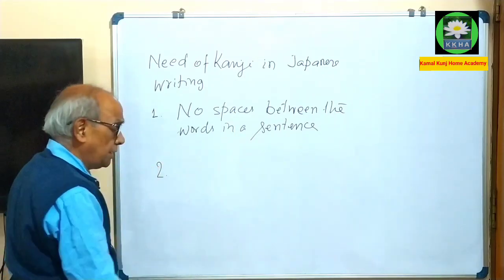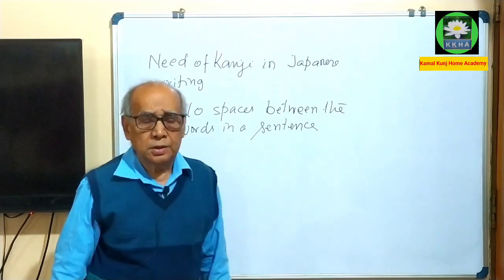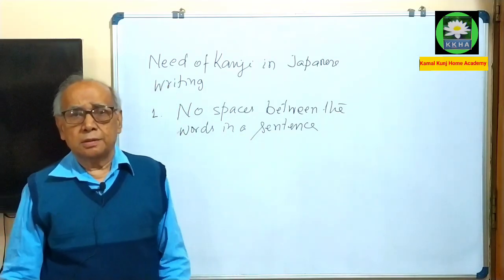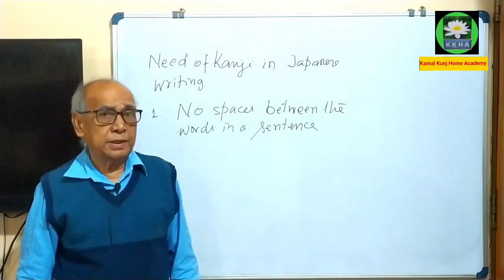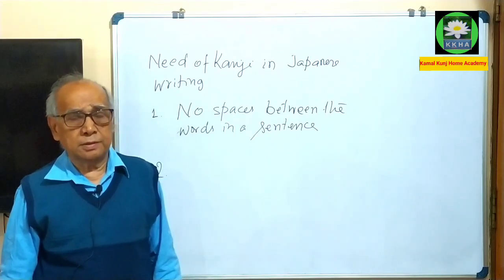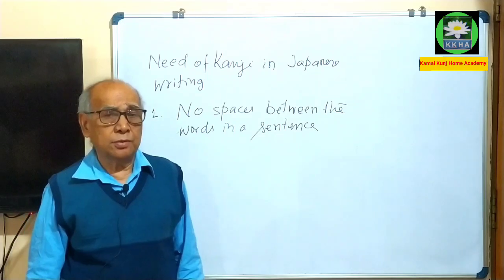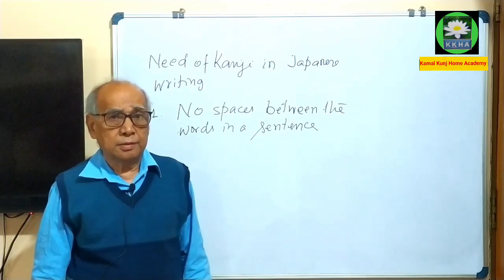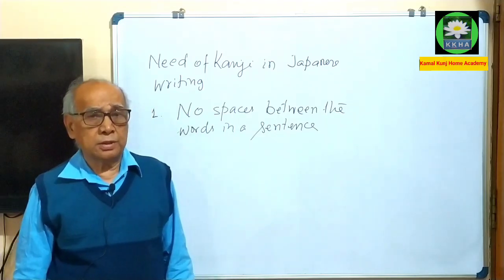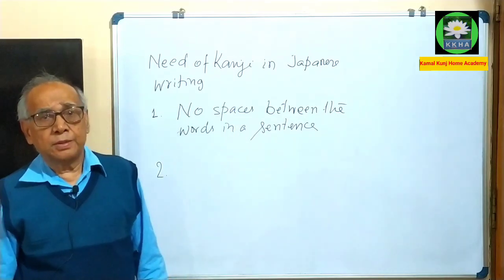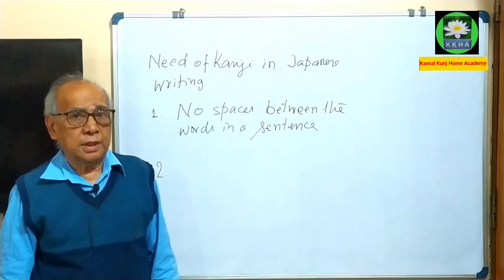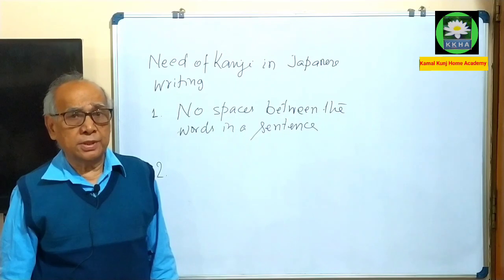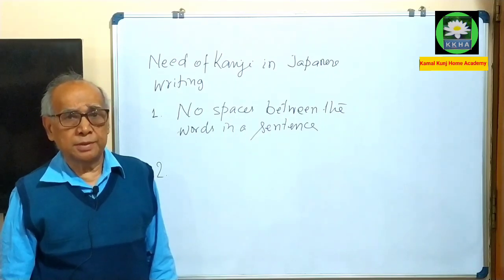Now the second reason is due to limited number of sounds in Japanese, there are a large number of homophones. Homophones are words, Japanese words, which has same pronunciation but different meanings.